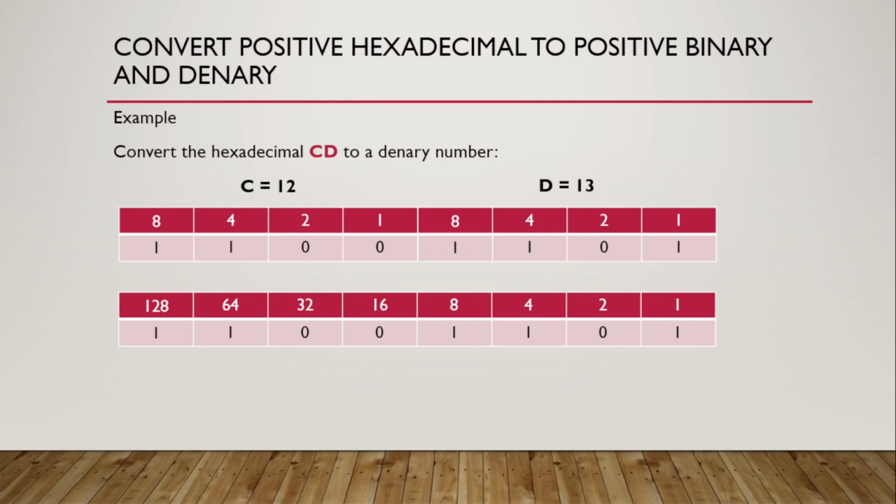And of course, the denary values remain the same. At this point, we add all the place values in our last table where 1 is placed under them. Hence, we get 205. In that case, the hexadecimal number CD is equal to 205 in denary.